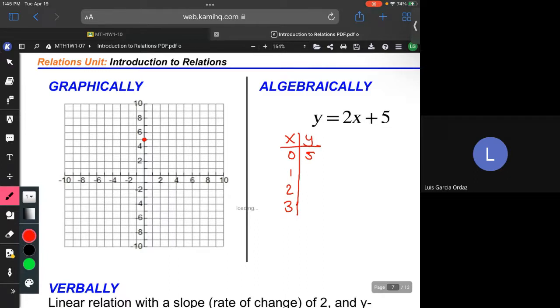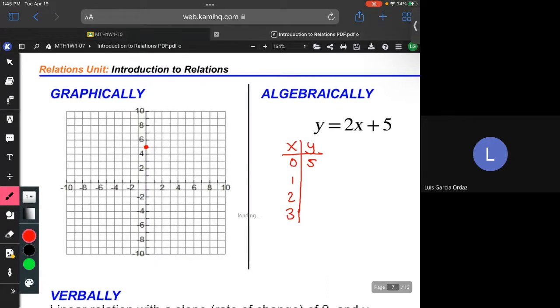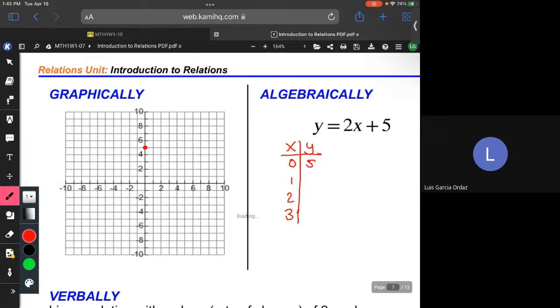So I'm going up by 2. So what's my next y value? 7. Okay. So my coordinate would be 1 and 7, which is over here. What's my next y value? 2 and 9. Perfect. And last but not least, what's my last y value at 3, Sean? 11.